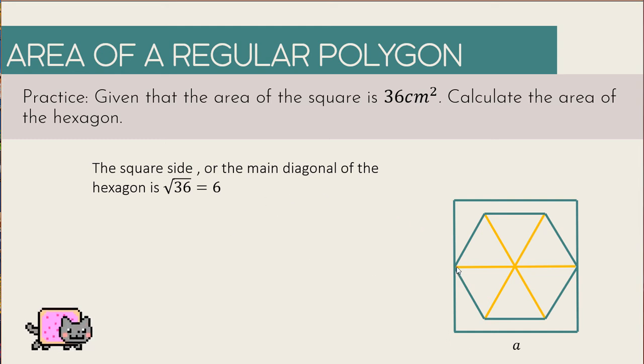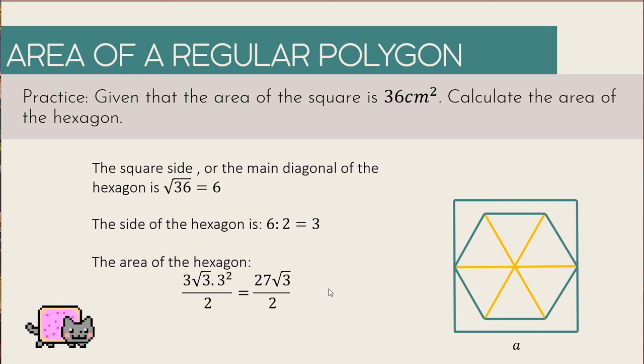The main diagonal of the hexagon is equal to the side of the square, and that should be 6. The side of the hexagon is 6 divided by 2 equals 3. So we know that the area of the hexagon is 3 square root of 3 times 3 squared divided by 2, and that should be 27 square root of 3 divided by 2.